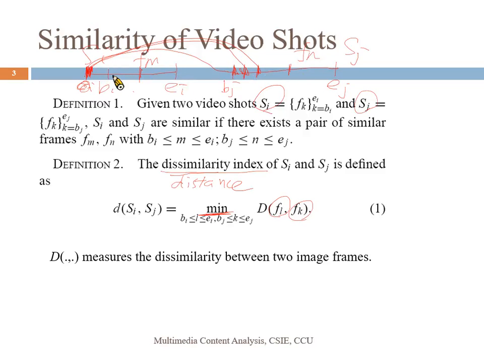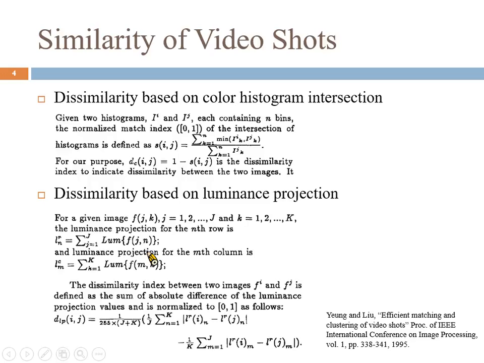Basically, we will calculate the distance between all the combinations and find the minimum one to be the distance between SI and SJ. And how can we calculate the distance between video frames?